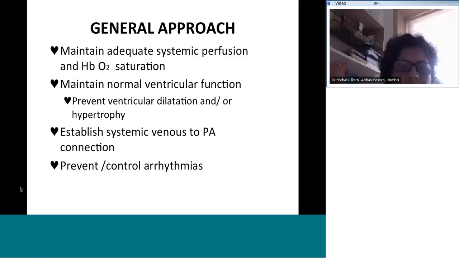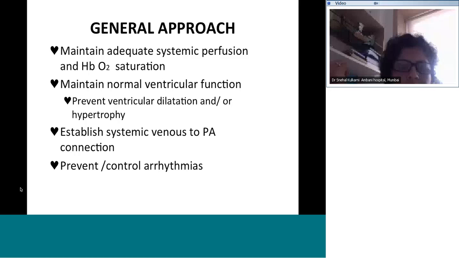The first one is maintain adequate systemic perfusion, hemoglobin and oxygen saturation. The second one, we have to maintain normal ventricular function, and therefore the whole attempt has to be prevention of ventricular dilatation and hypertrophy, because we know that we have to take them for a future single ventricle repair.